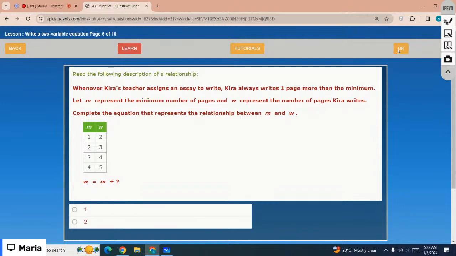Whenever Kira's teacher assigns an essay to write, Kira always writes one page more than the minimum. Let M represent the minimum number of pages and W represent the number of pages Kira writes.